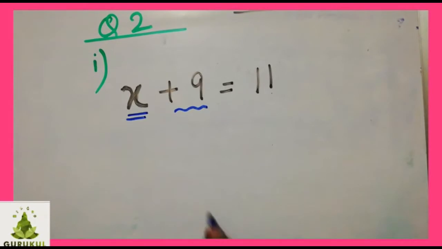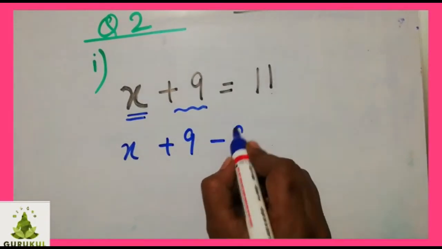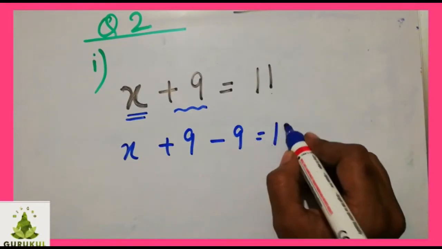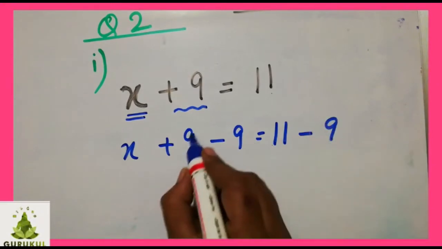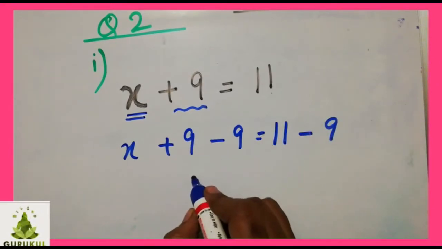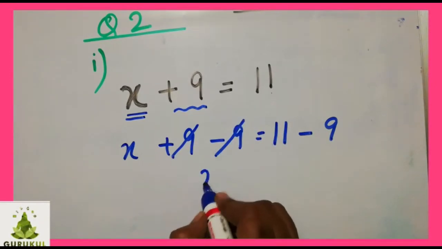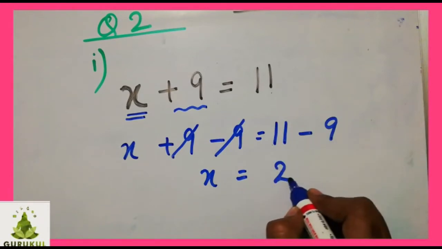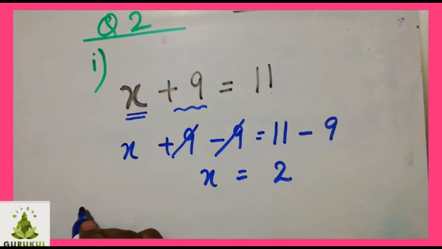To get the value of x, what are you going to do? x plus 9, here you will do minus 9. You don't want this, so this will get cancelled. If I do minus 9 here, on the RHS also you should do the same operation. Is it clear? So this will get cancelled, and you can get the value of x. See this way: this will get cancelled, and you will get x equals 11 minus 9, which is 2. Is this clear? So which operation did you do here?